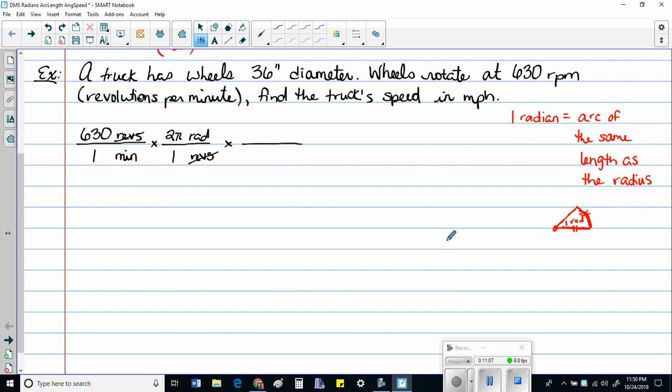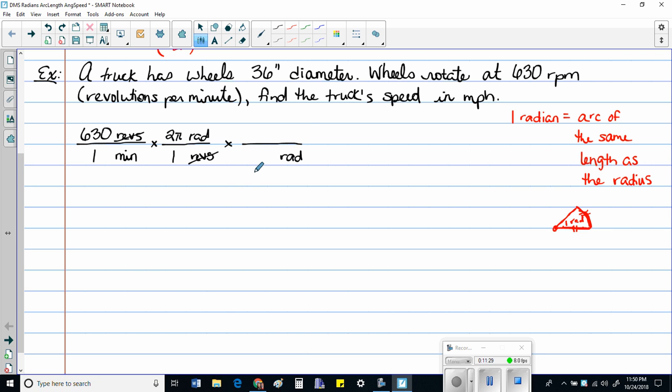Because the arc length and the radius, the circumference is 2 pi. So I want the radians to be the same, so that's 2 pi radians. And so now I can get rid of radians.